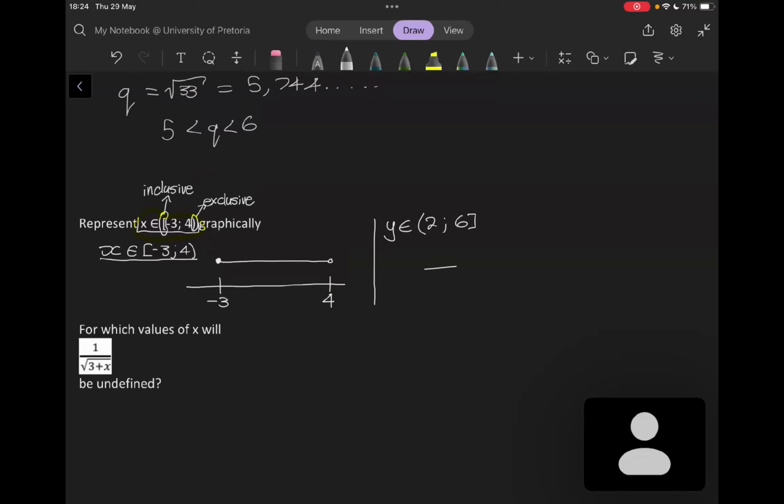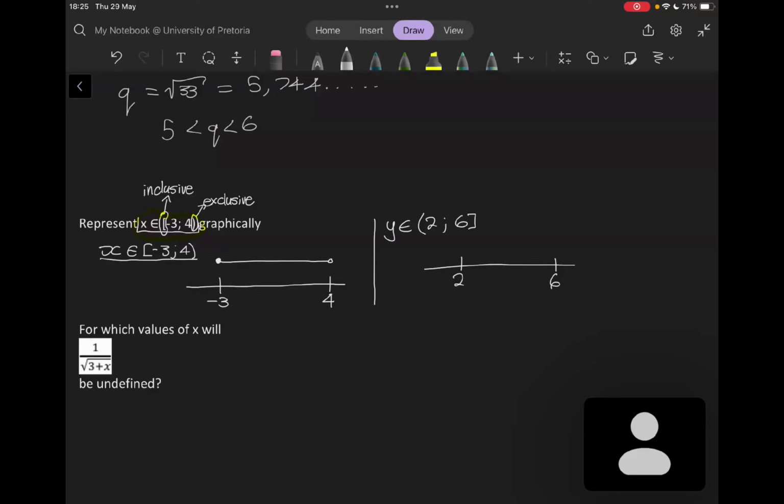What we would then do is to draw a line. You guys have to just use a ruler. We draw our horizontal line. We draw these vertical lines here showing 2 and 6. Note that the numbers have been put in ascending order from the smallest here, which is the 2, to the biggest, which is the 6.